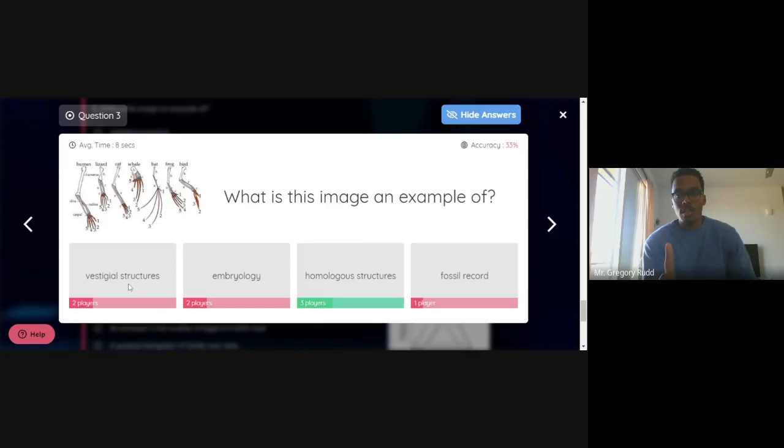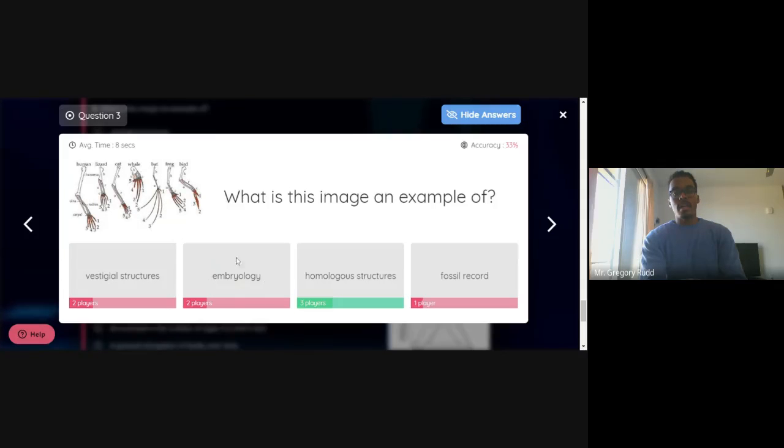Vestigial structures are structures within one species that exist, but that don't really serve a function anymore. For humans, that might be the fact that we can get goosebumps, our coccyx bone at the end of our spine, the muscles around our ears, or our appendix, but that's not what's being depicted in this image.